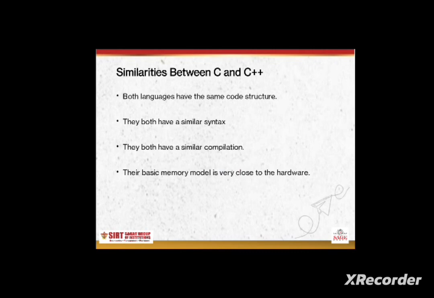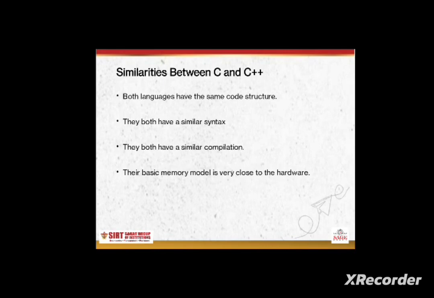And the next one is they both have a similar syntax. In C, we are using two functions for input and output, that is printf and scanf. And similar to the C language, we also use the cout and cin functions in C++. So the concept is the same and both are performing the same operation.